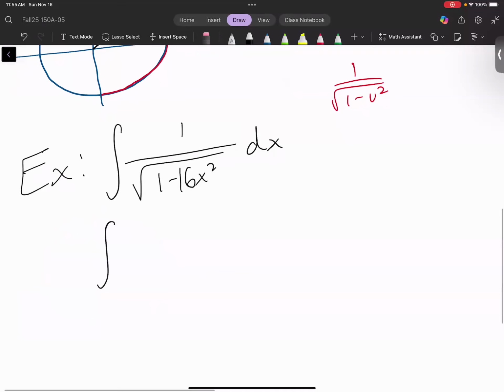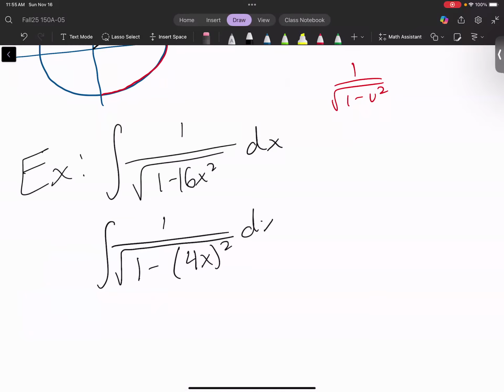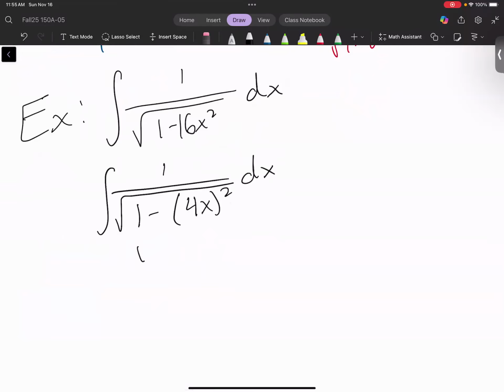What we can do is stick those together as 1 minus and then 4x squared dx. Now it's 1 minus something squared. Perfect. Let's call that our u. So this is u equals 4x. du equals 4 dx. I can divide by 4 on both sides. Perfect.